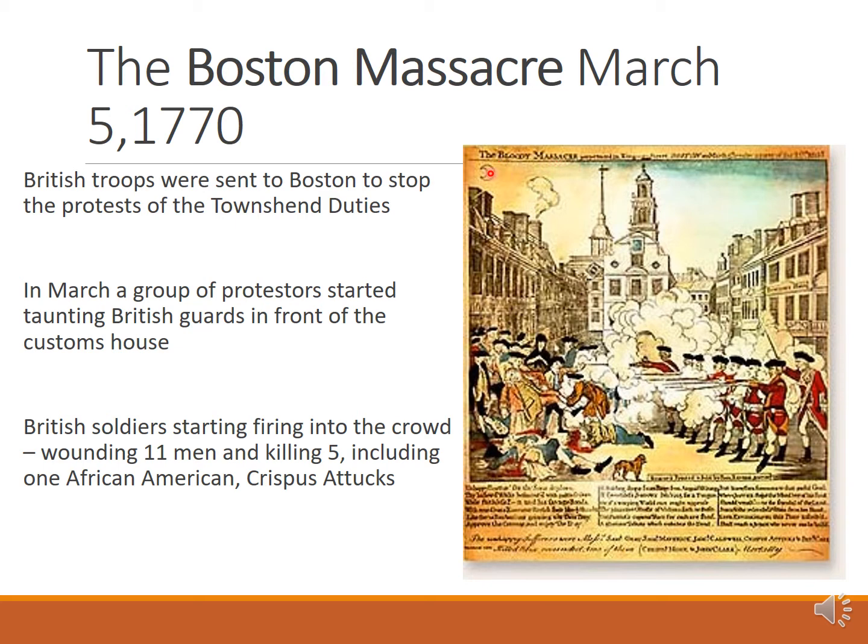It's titled "The Bloody Massacre," and this image was created by a silversmith named Paul Revere, who really wanted to play up this incident as being an act of aggression of this empire against these unarmed colonists. And so this leaflet circulates throughout the colonies, and this is going to generate a whole lot of anger towards the British.